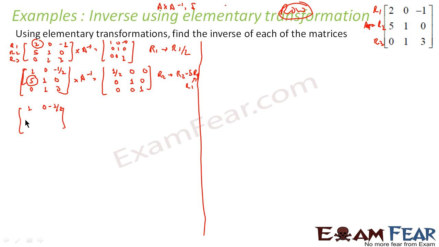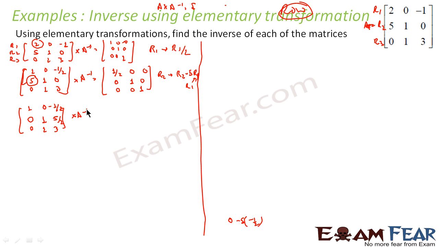So 5 minus 5 is 0. 1 minus 5 times 0 is again 0, so that is 1. And 0 minus 5 into minus 1 by 2, this whole thing becomes 5 by 2, because minus minus becomes plus. And the third row is unchanged.